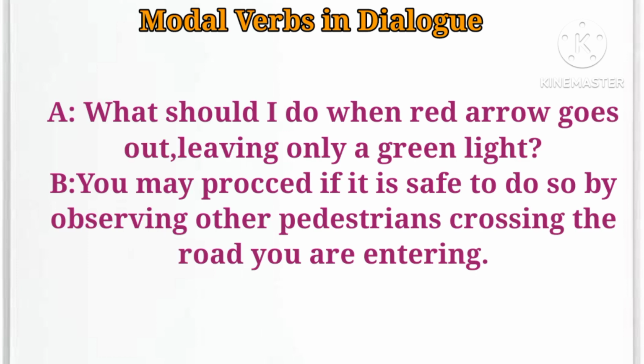A: What should I do when the red arrow goes out, leaving only a green light? B: You may proceed if it is safe to do so by observing other pedestrians. Pedestrians means people crossing the road you are entering.